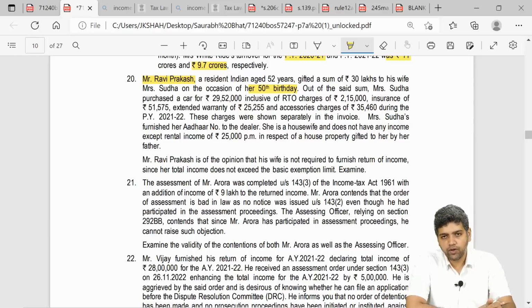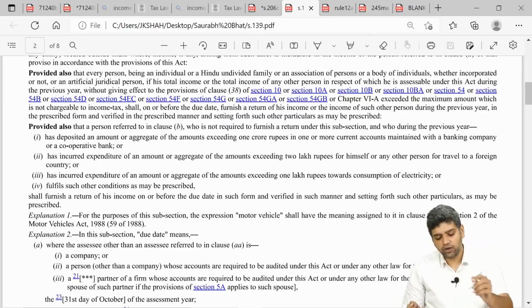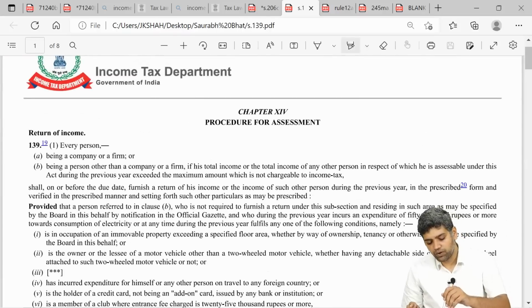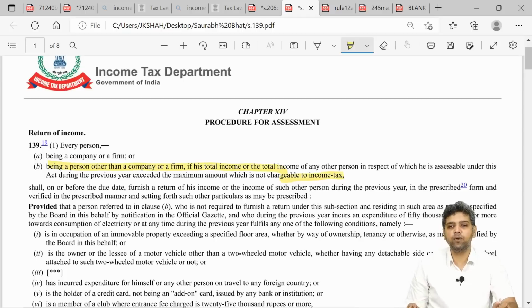Absolutely not. So under 139(1), section 139 subsection 1, an assessee other than company or firm is required to furnish return of income provided the total income of such person exceeds basic exemption limit, or as they call it, maximum amount not chargeable to tax.